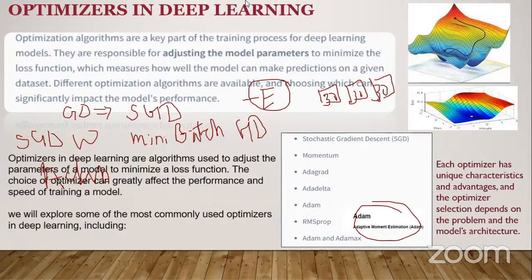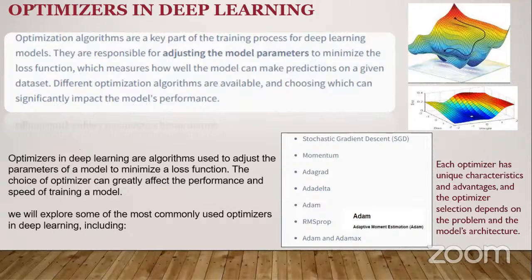So what is the concept of momentum? Let me draw the diagram for stochastic gradient descent. Maybe you will be able to understand that.